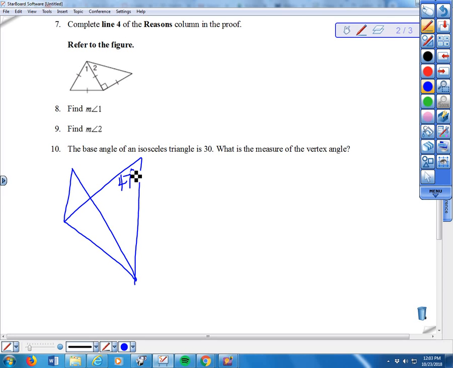This was an old test, sorry, that I've got up here. And I need to find angle 1, 2, and 3.